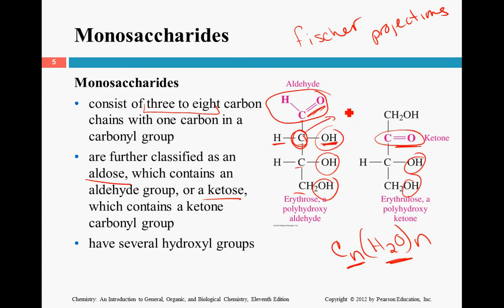That means for that carbon, we have H2O. And you'll notice here's a carbon, OH and H. H2O for that carbon. Here's another carbon, H, OH, H2O for that carbon. You see the trend.